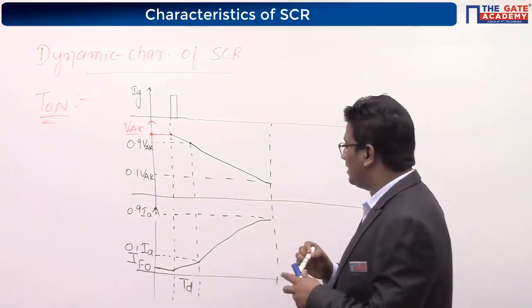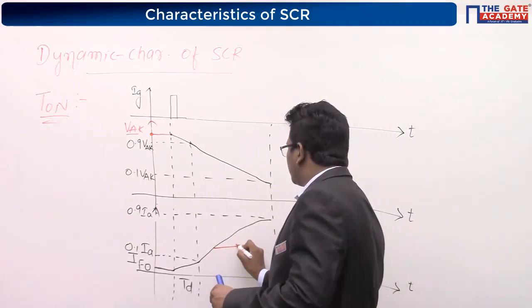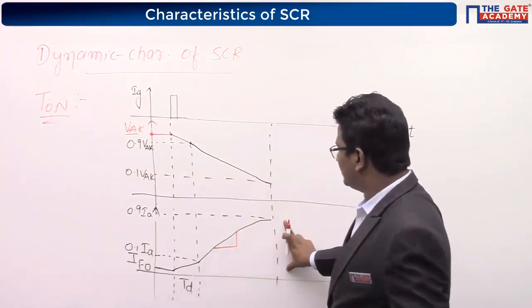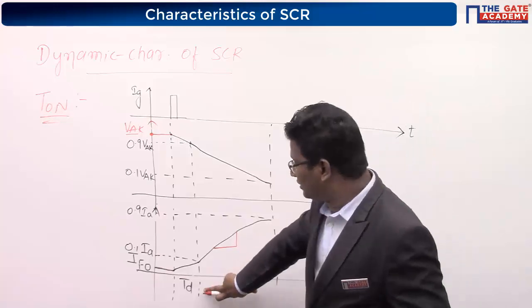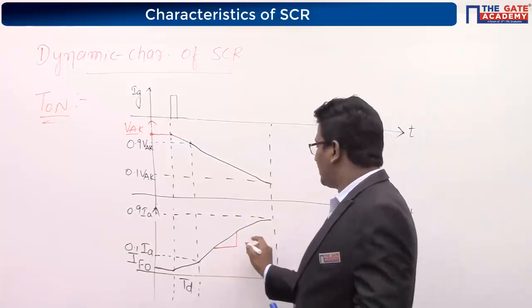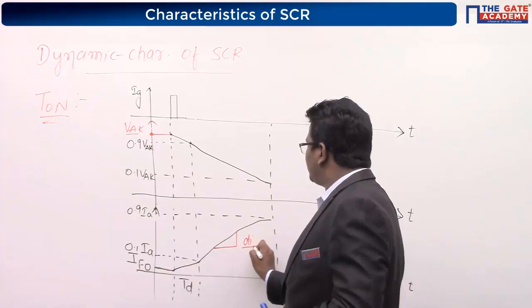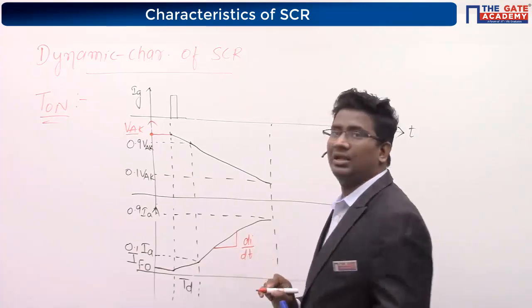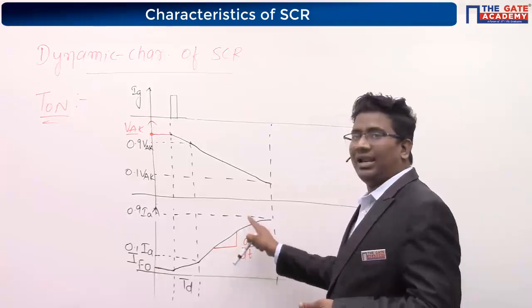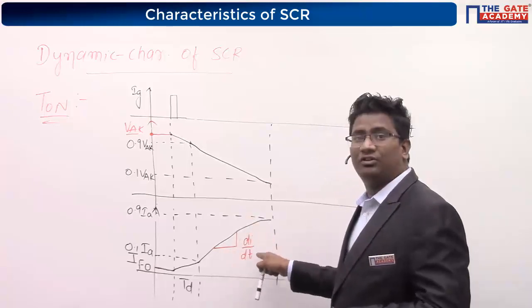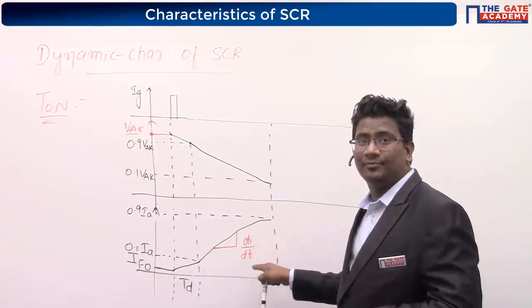That rate is generally represented by the slope. This magnitude is current, and this length is time. So can I write the rate of change as di by dt? At which rate is it changing with respect to time? Can I say di by dt?